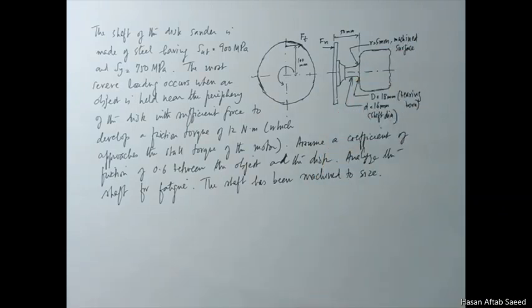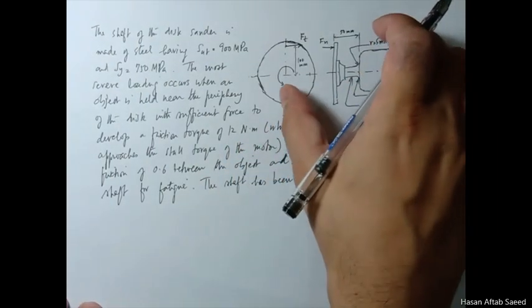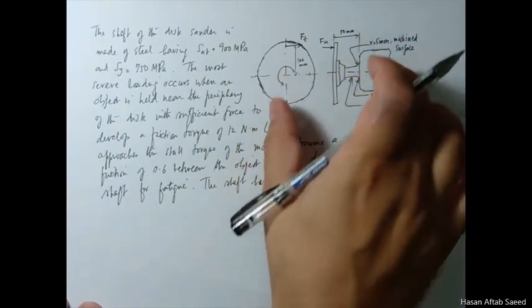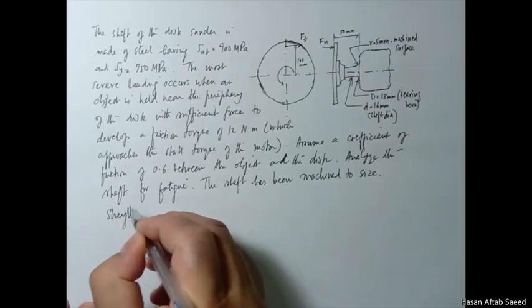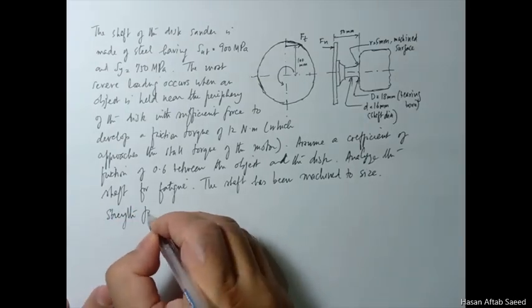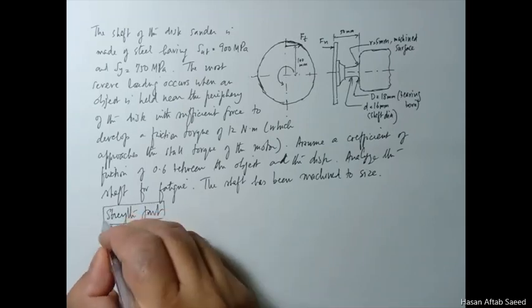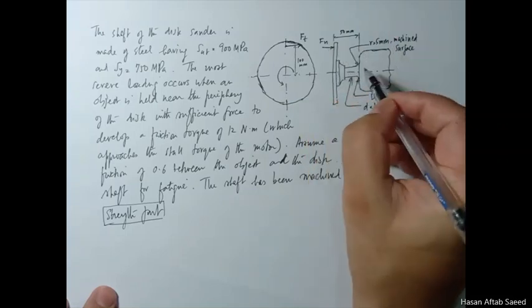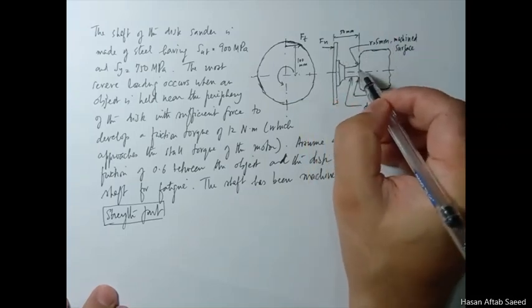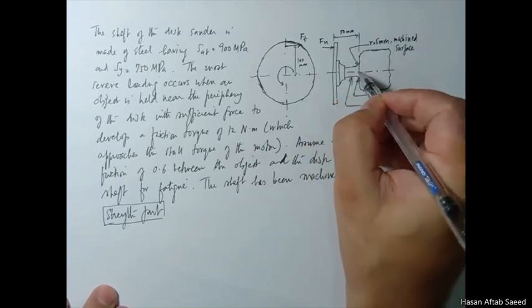Now first let's deal with the strength part of the problem, and then when we come to the stress part, we'll have more discussion about the loading. Strength part is as usual, and please note that when you apply load here, there'll be compressive load here.